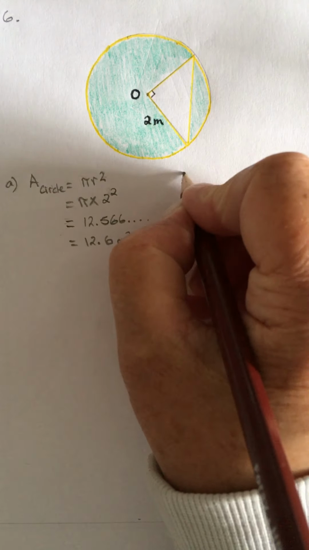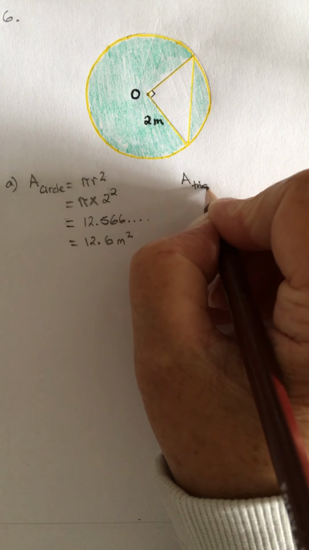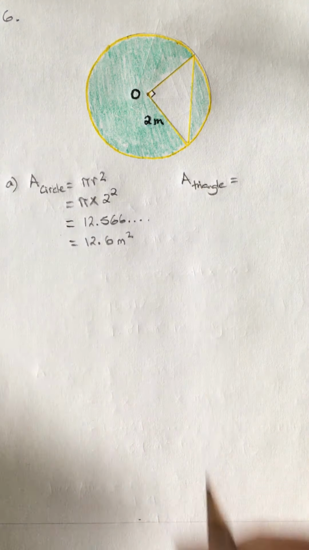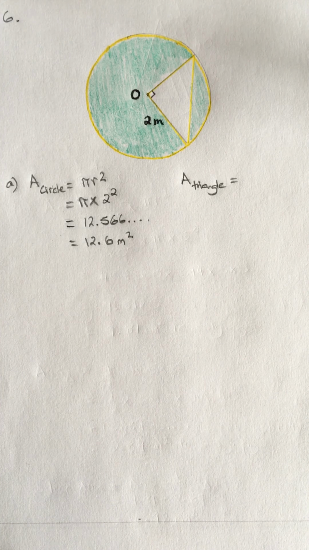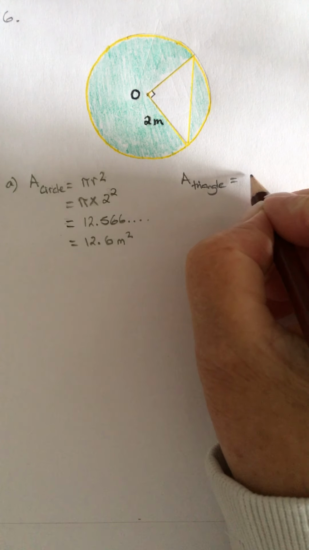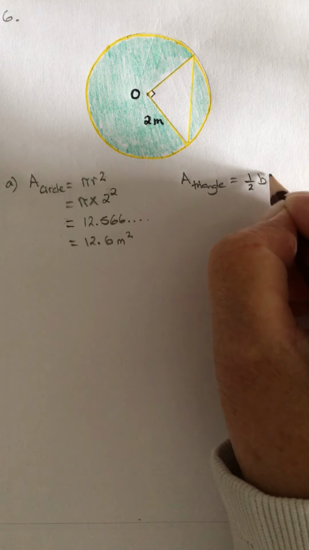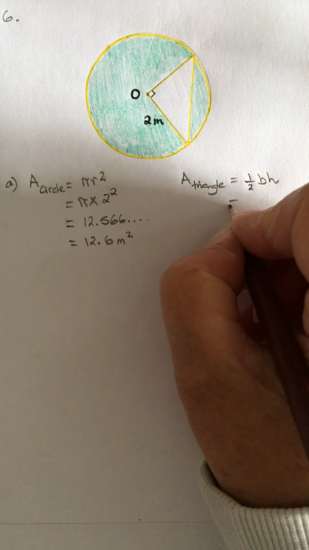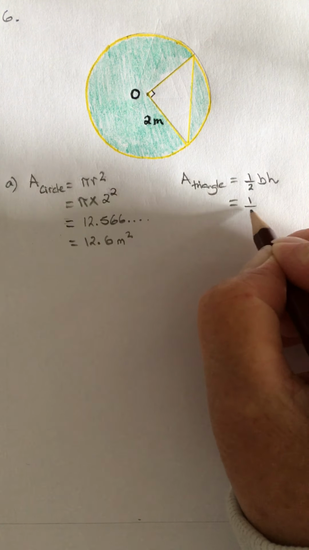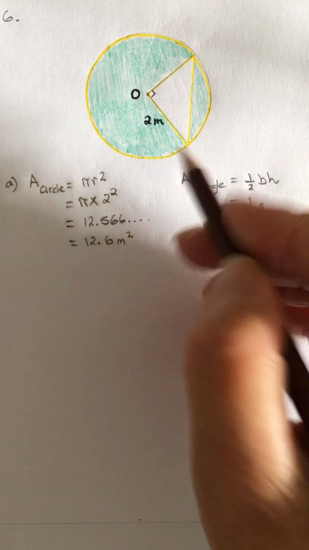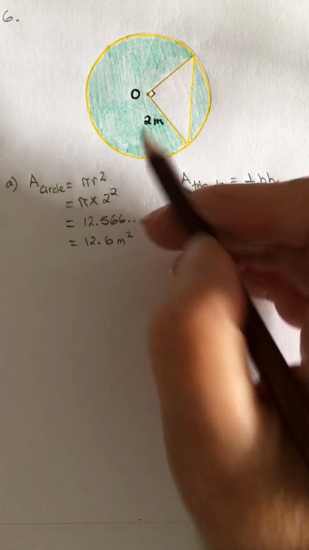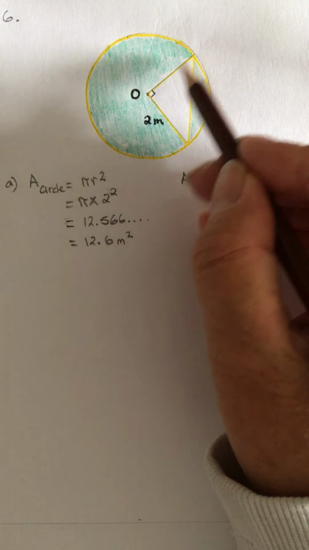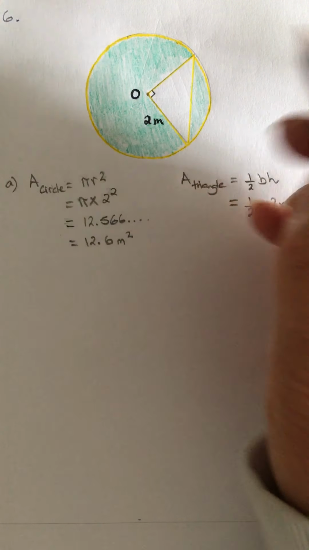Okay, now we're going to work out the area of the triangle. You could use half ab sine C, or you can just use half the base times the height, because we have that information. So a half times the base of the triangle, which is 2, and the height of the triangle, which is also a radius, is 2 as well.